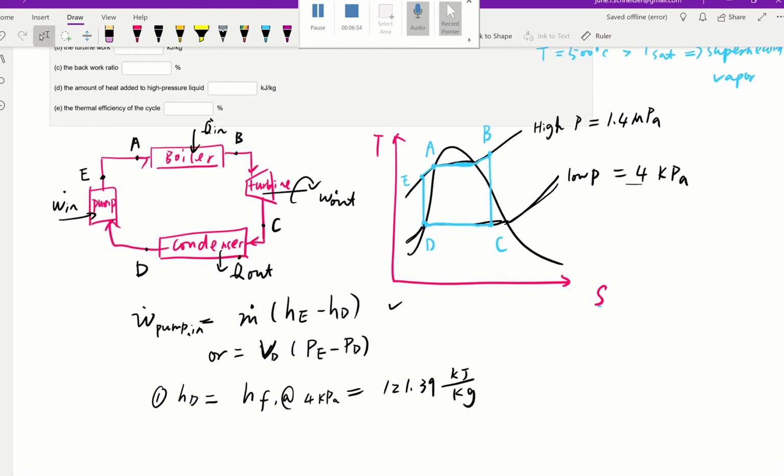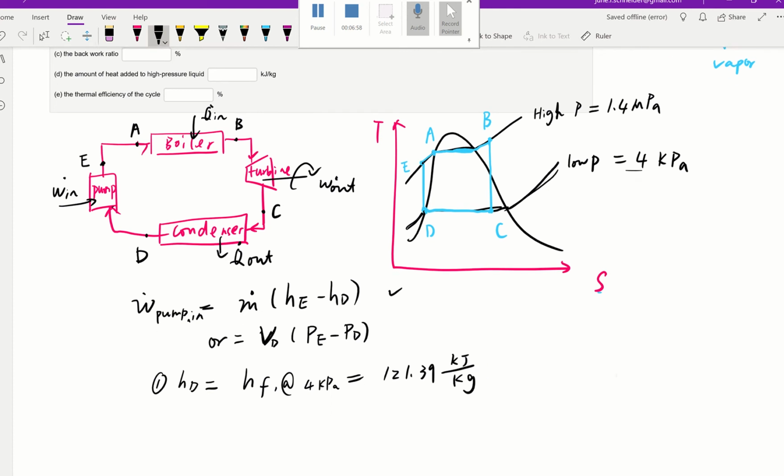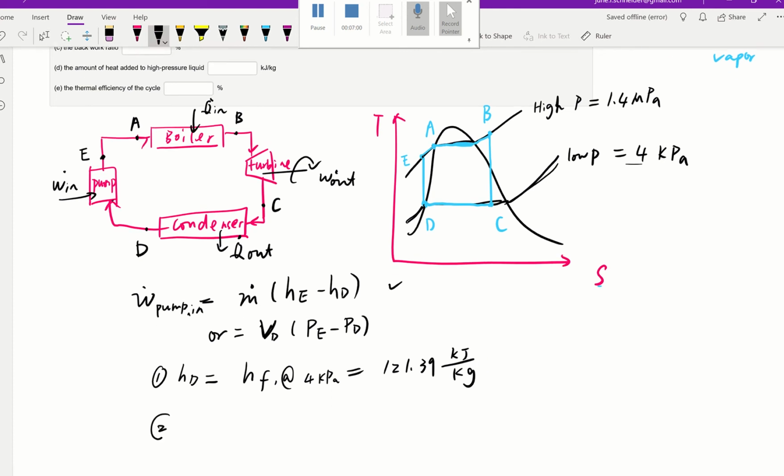That's pretty good. Now we need to find HE. E is a compressed liquid. And what condition do we know about E? We know the pressure is 1.4 megapascal. If it's compressed liquid, we look at table A7.